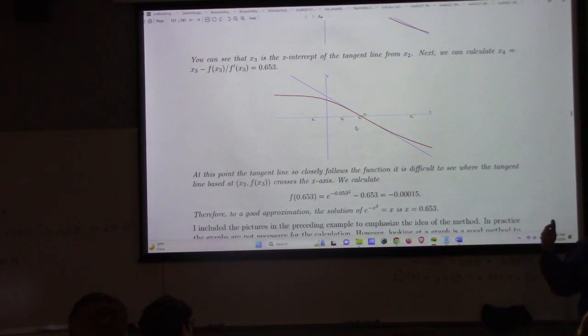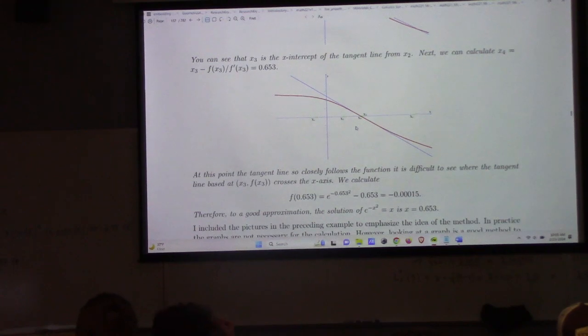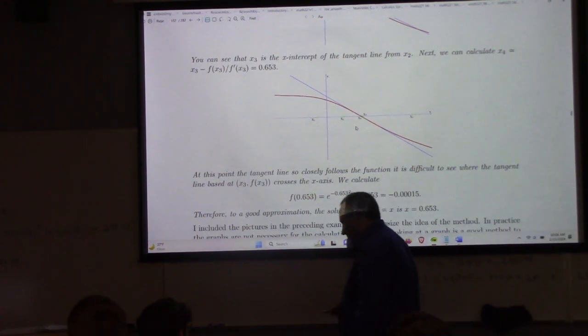Setting aside malevolent examples constructed by evil math professors, for the problems you'll find in the real world, if going from one iteration to the next a digit is repeated, that's probably a certain digit. So with that method here, to the approximation that I'm interested in, we have 0.653 as a solution for e to the minus x squared equals x. So that's that.